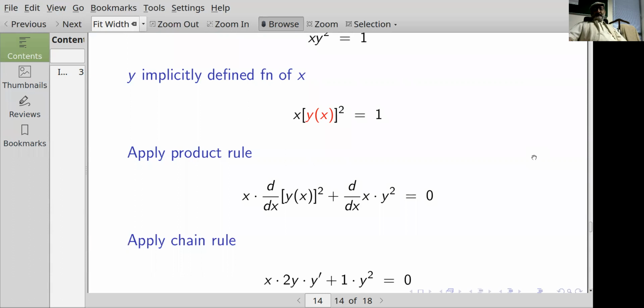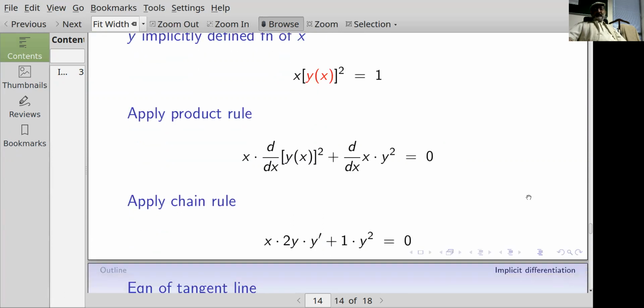Now, if I apply the product rule to this, and I take the derivative of both sides, then I have x times the derivative of y of x squared with respect to x, plus the derivative with respect to x of x times y of x squared. And the derivative of a constant is 0.